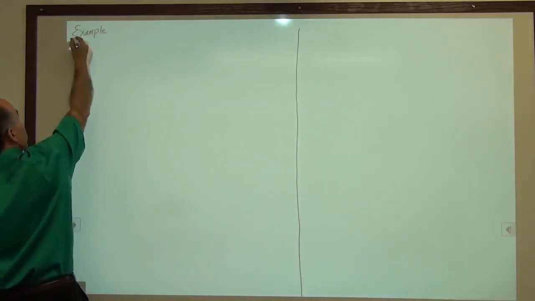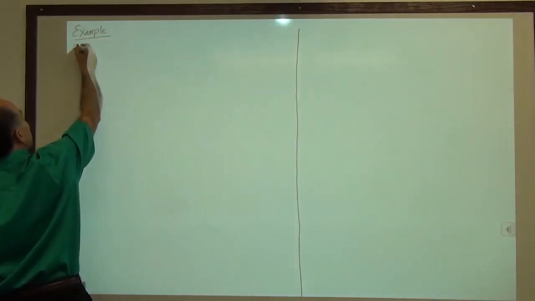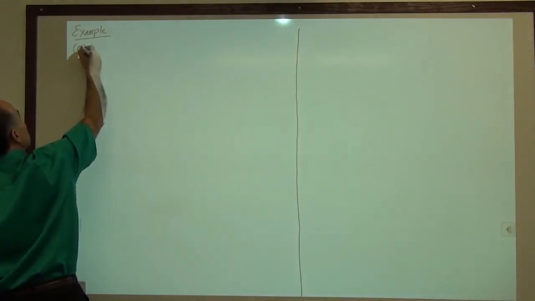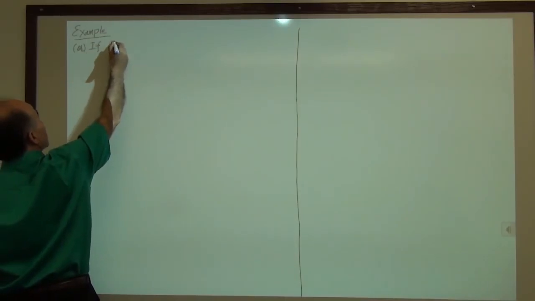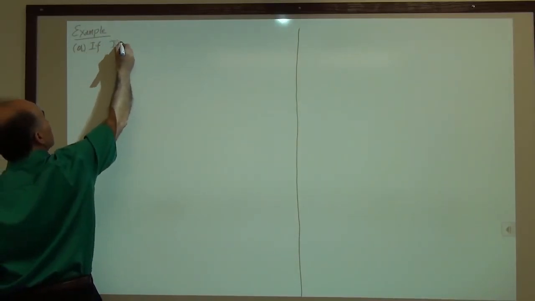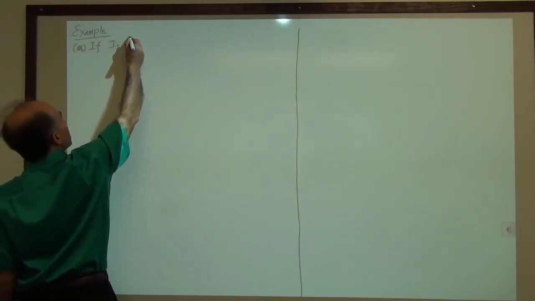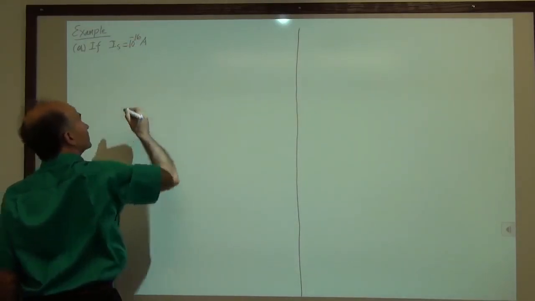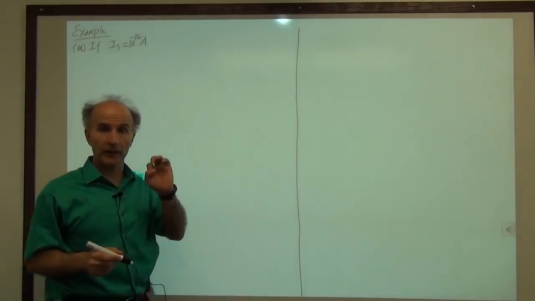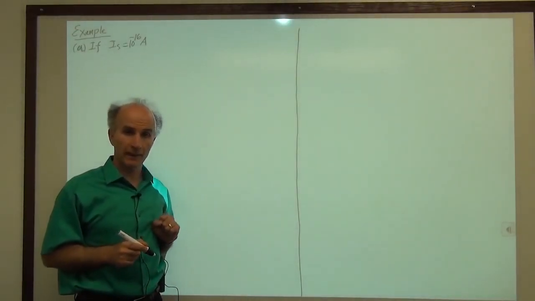Okay, so this example has two parts. In part A, we assume if IS is equal to 10 to the minus 16 amperes. You can see it's a very small value. That corresponds to a very small diode, 10 to the minus 16 amperes.